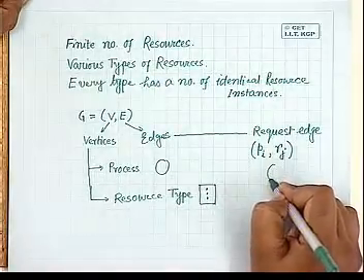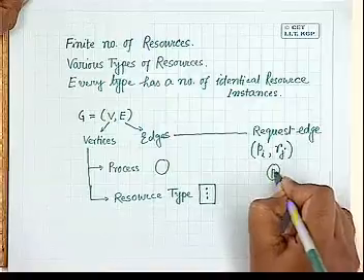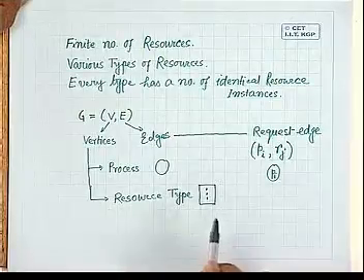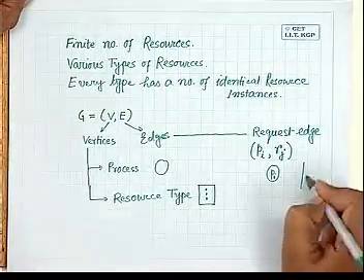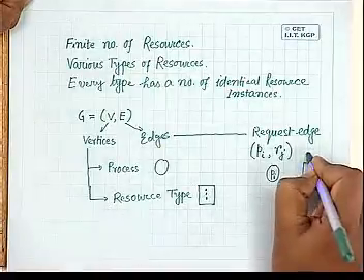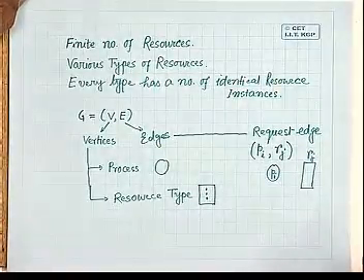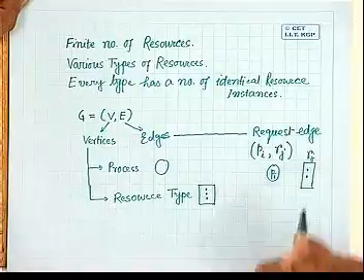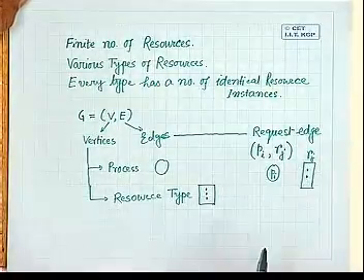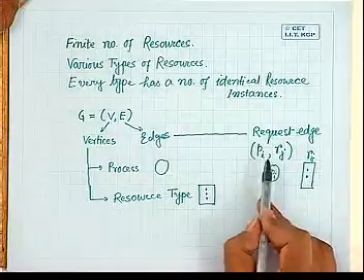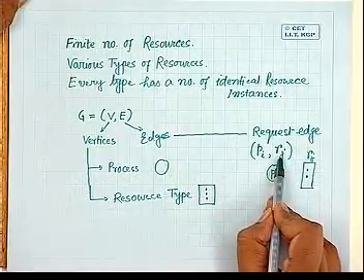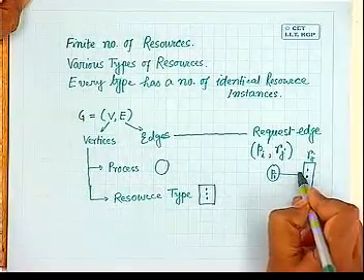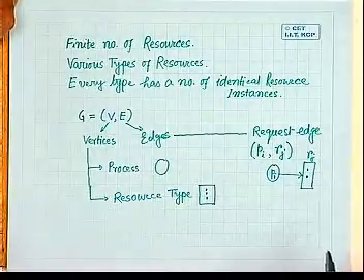If this represents the process Pi, every process is represented by a vertex, a circle, and every resource type by a rectangle. So, this is a vertex corresponding to the resource type Rj, and if Rj contains say 2 resource instances, then we will have 2 dots within this rectangle. Whenever process Pi requests an instance of resource type Rj, we will have a request edge from Pi to Rj.